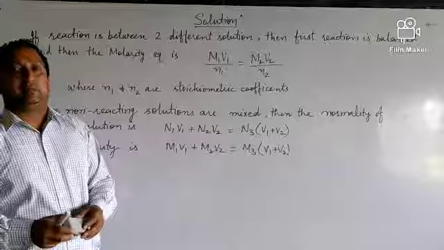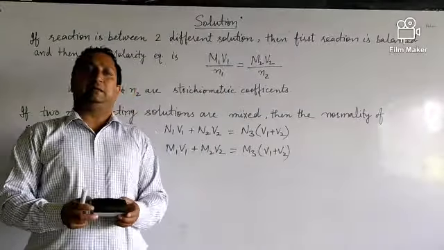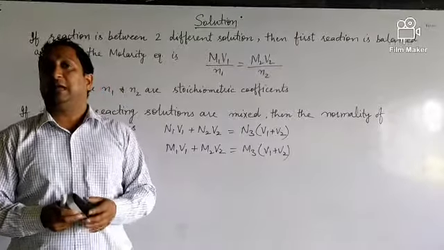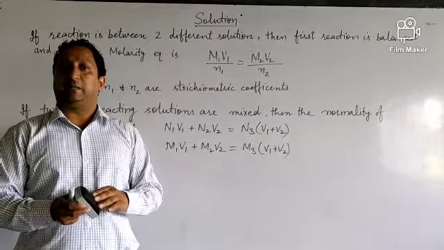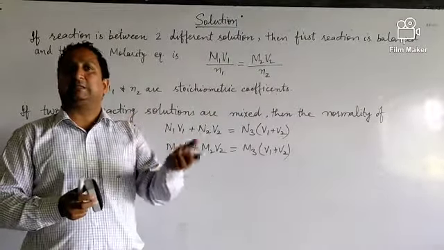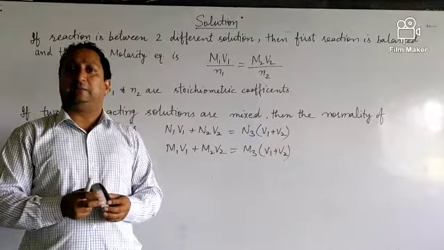Okay. Sometimes they ask you questions in which they give you acid and base. They mix the acid and base with each other, and then they ask the resultant part from you.